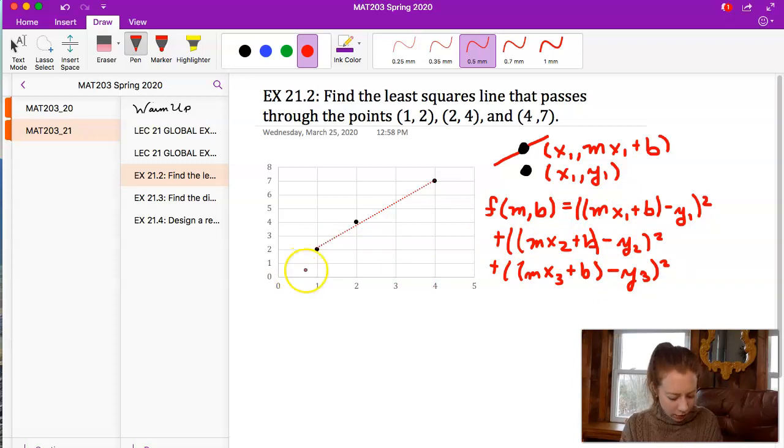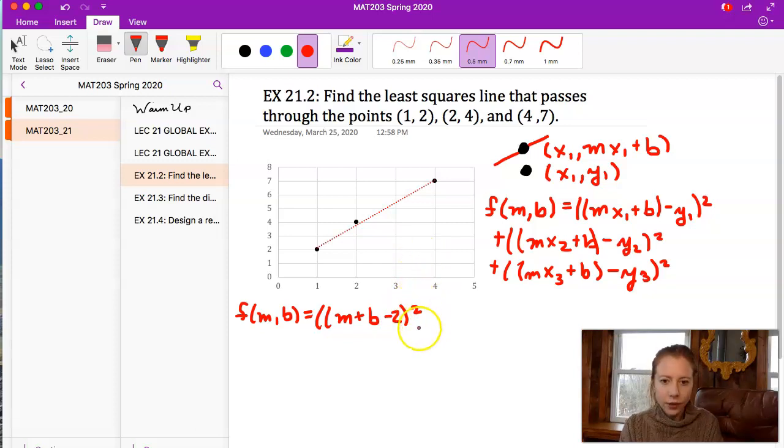So now, for us, let's plug in our values. So f of m and b is going to be equal to (m x1 plus b minus y1) squared. Okay, and x1 is just going to be 1, so 1m plus b minus our y1, which is 2, squared.